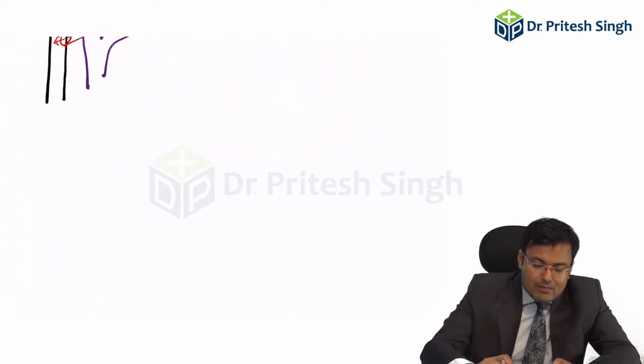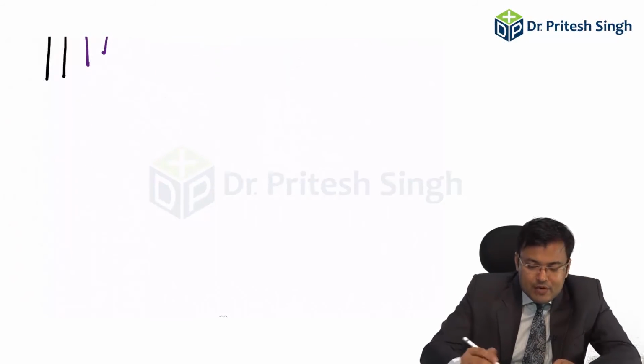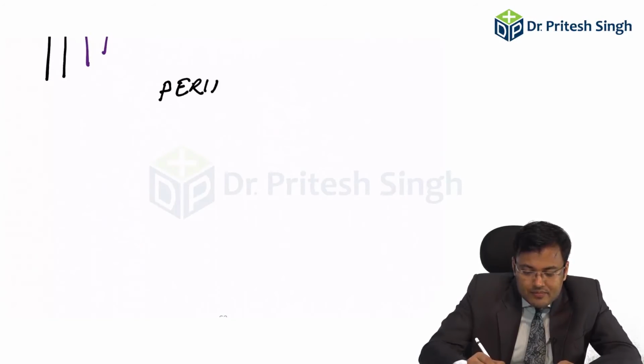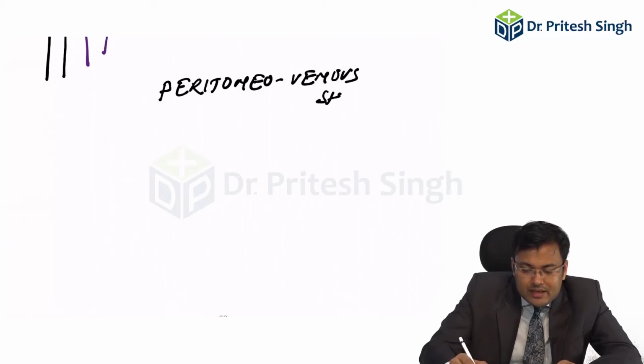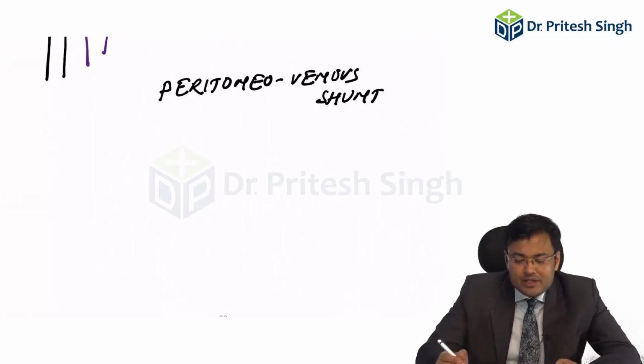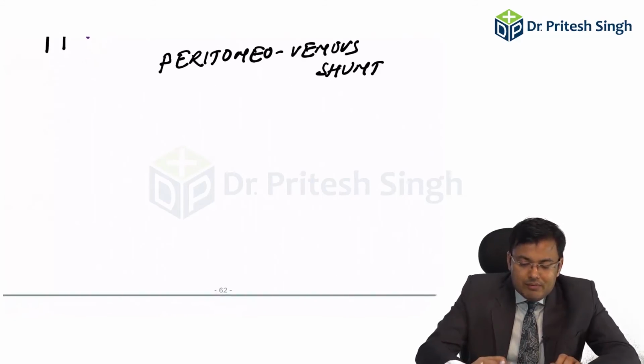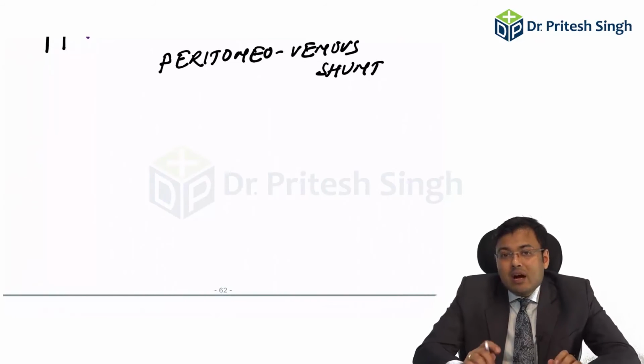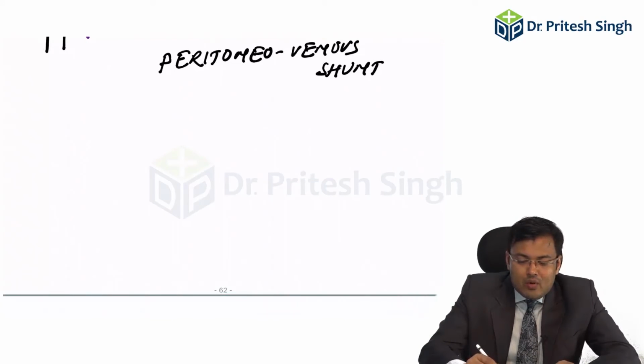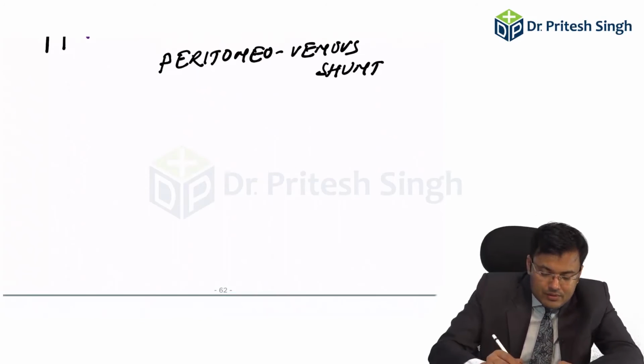Similarly, there is one type of shunt which is frequently asked, known as peritoneovenous shunt. Now just break it. So what is peritoneovenous shunt? It is between peritoneal cavity and one vein. What are the names of shunt which are used?